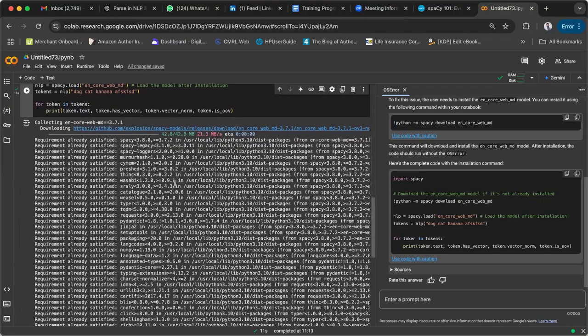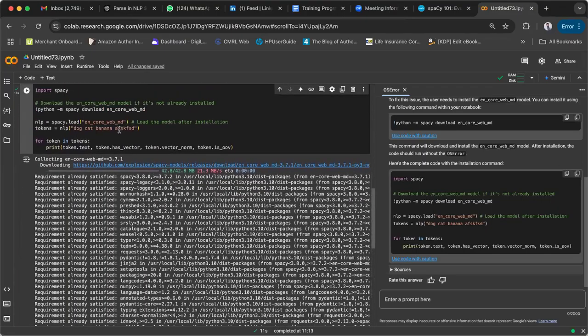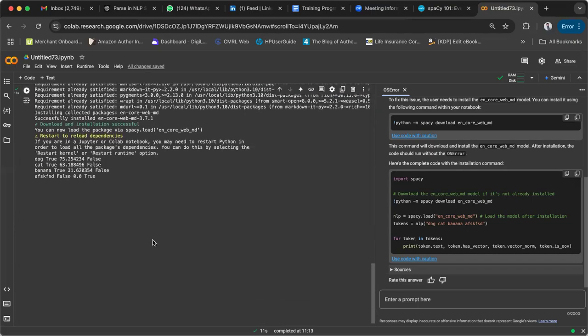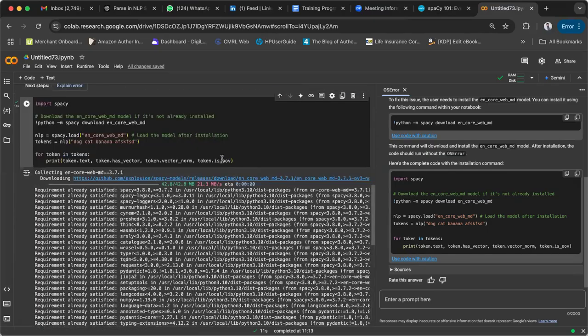Right? The other case is the unusual word, which doesn't have any word vector, meaning no other representation. This way, it is giving you a false. Okay, and that is how you have to understand it.